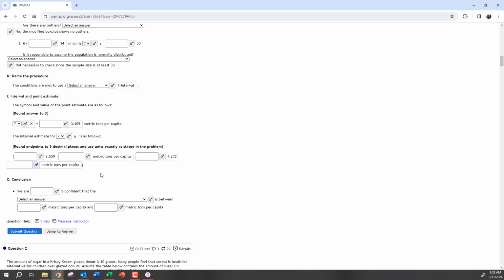You have to basically calculate your margin of error and add and subtract it from your mean. Well, how do we do that? Well, that involves, if you have a TI graphing calculator, you can actually do it really easily, or you can use some formulas, or you can kind of calculate it in Excel. It just depends on how you want to do it.